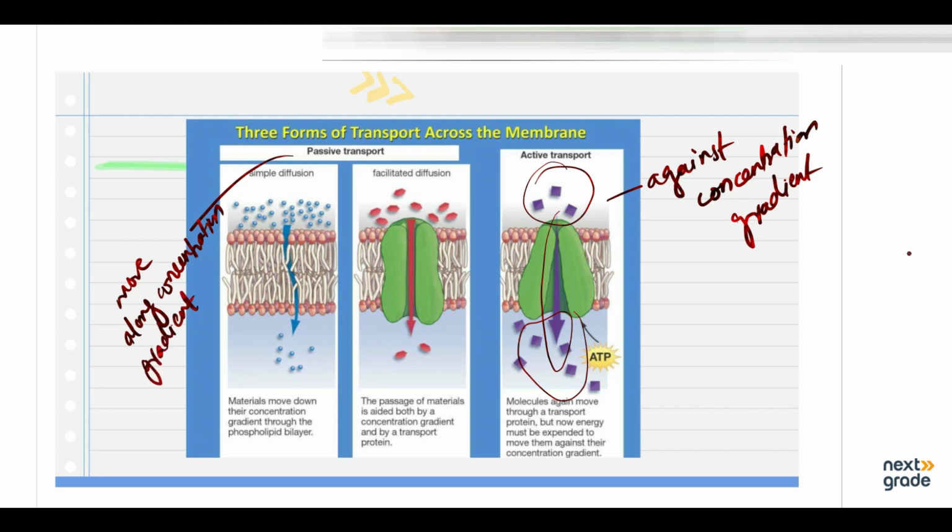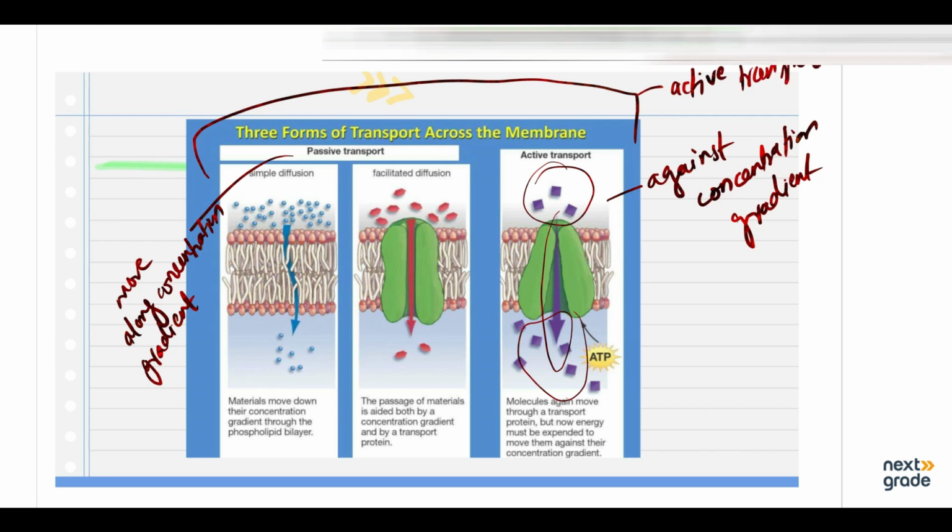And in the passive transport, they move along the concentration gradient, right? This uphill movement of material requires energy, and this whole thing is called an active transport because it requires energy, right? And this energy is provided by ATP.